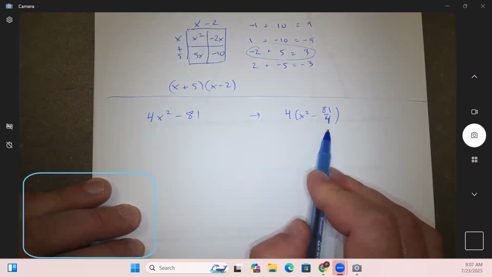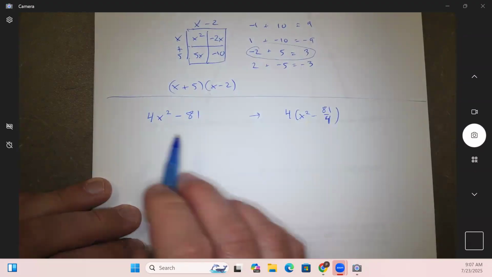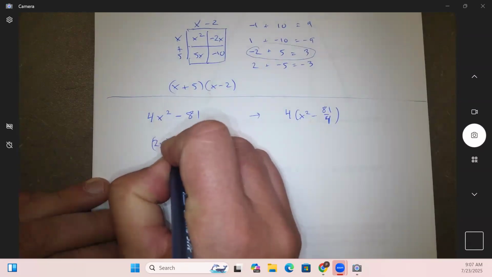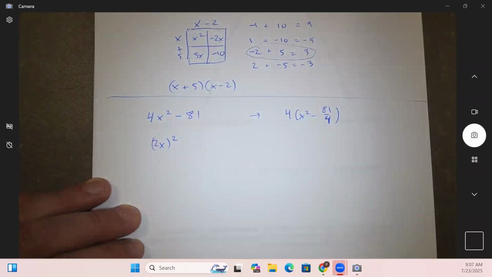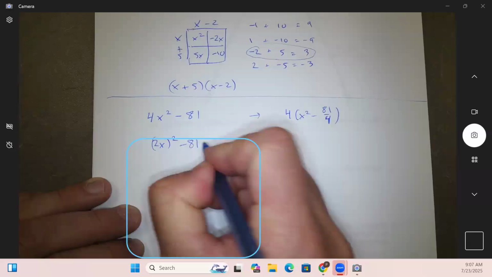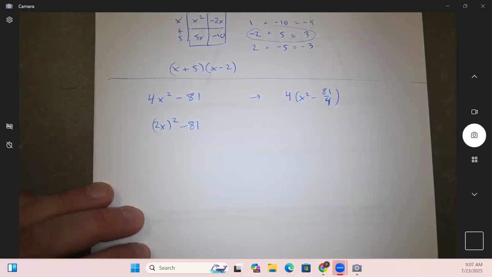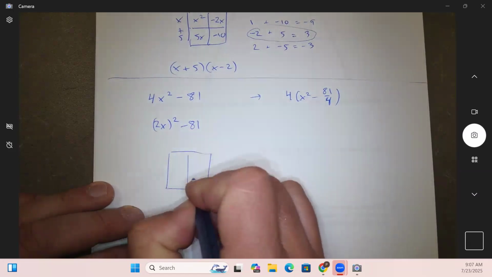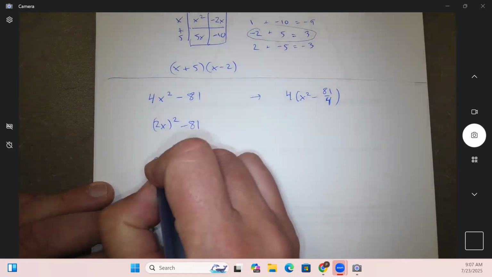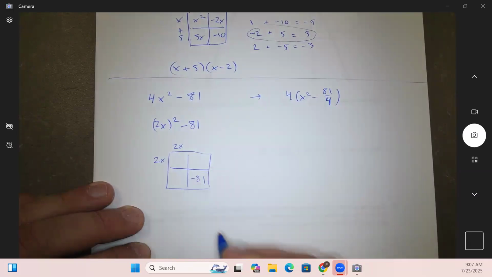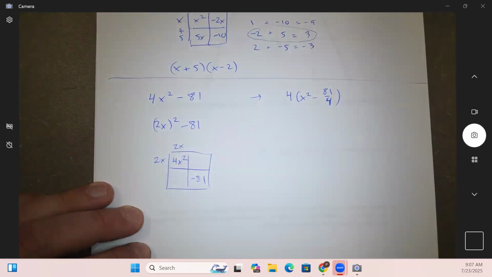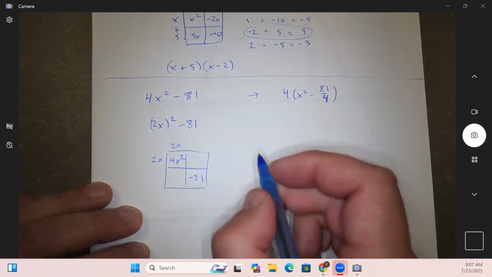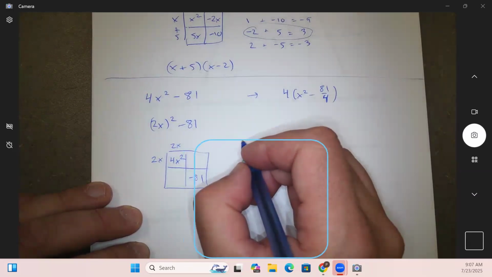But another thing to do is to recognize, oh, 4x squared, I could write that as 2x and square the whole thing. And I'll do my box method on the 2x instead of on the x. 2x and a 2x and a minus 81. So there's that 4x squared I was looking for. Two numbers that multiply to be negative 81. Well, there's a lot of different ones.